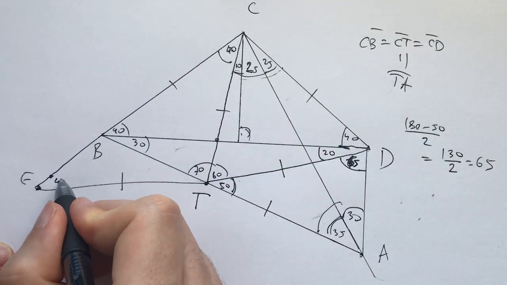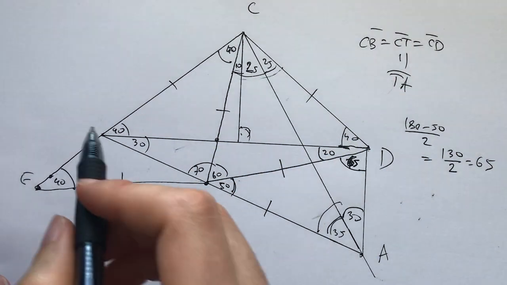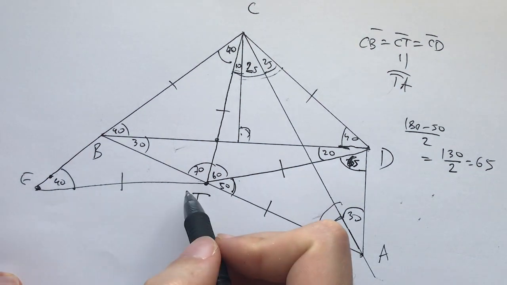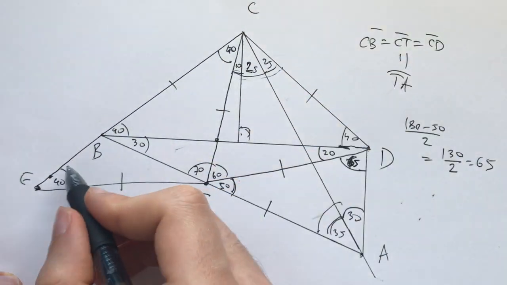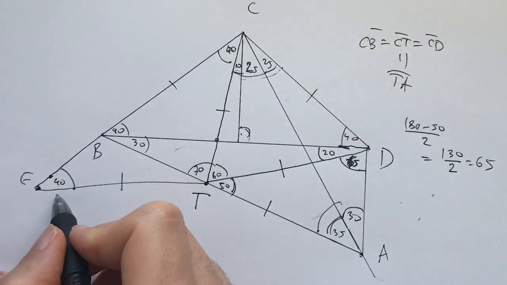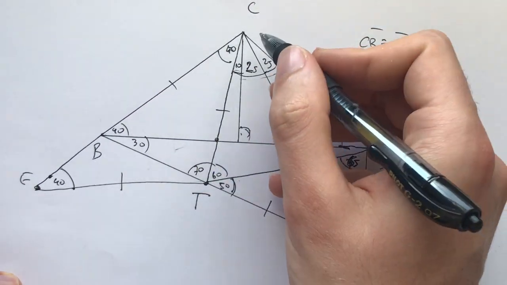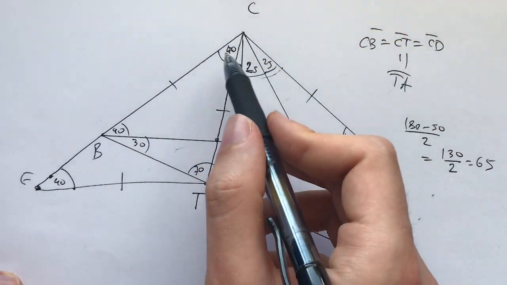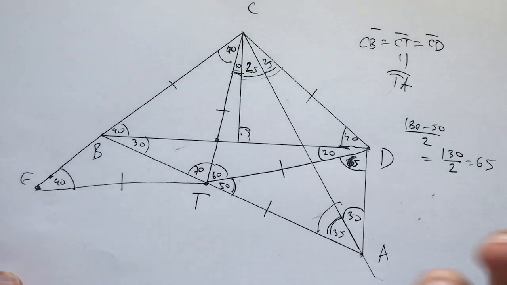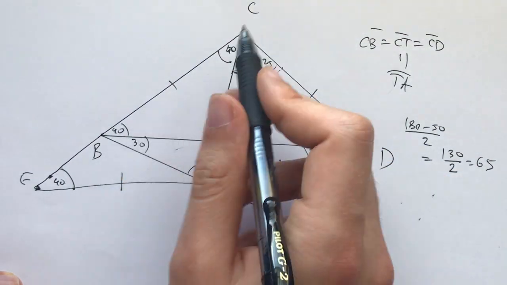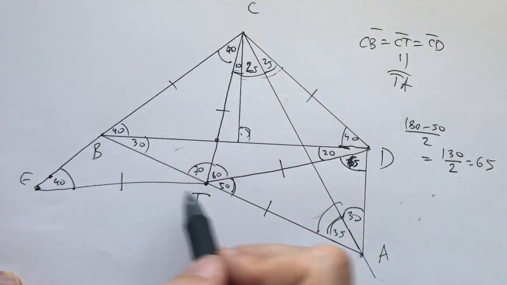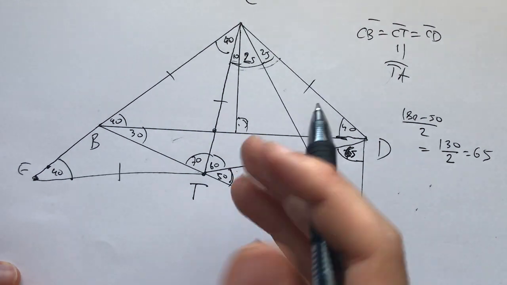So you know this thing right here is 40. And now notice that from TE, TC, we have this is 40, 40, TE is TC, CB is CD, this is 40, 40. We have that the triangles BCD and CTE are congruent, and we are done.